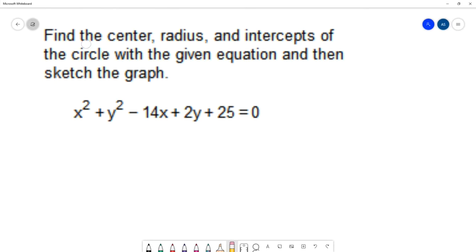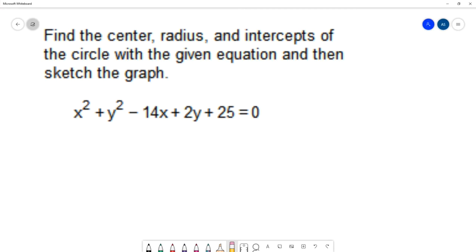For this example, we want to find the center, radius, and intercepts of the circle with the given equation and then sketch the graph. The equation of the circle that we have is x squared plus y squared minus 14x plus 2y plus 25 equals 0.